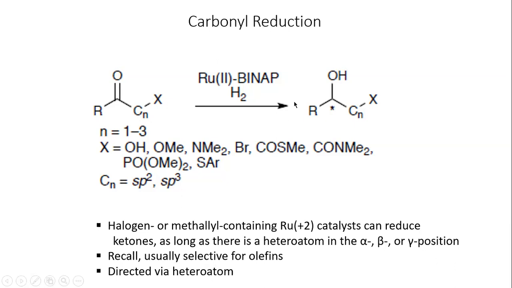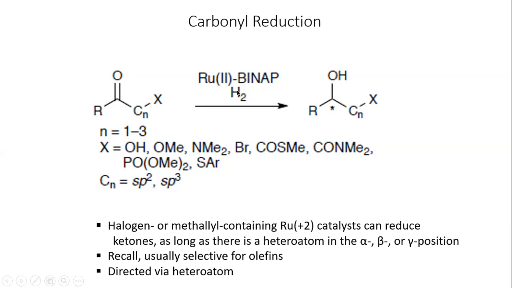And even here you can imagine being able to synthesize alcohols in a single step by hydrogenation. That was a huge breakthrough in asymmetric catalysis, right? Because chiral alcohols are ubiquitous in natural product synthesis, right? You have chiral alcohols all the time when you're doing natural product synthesis.